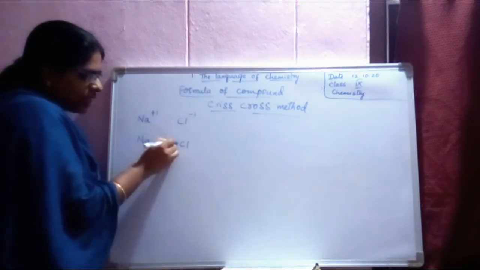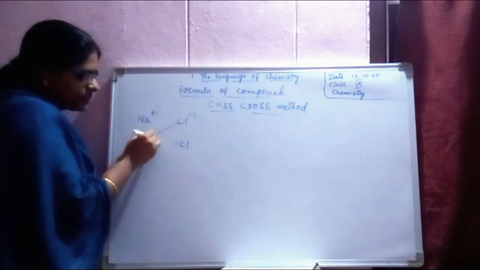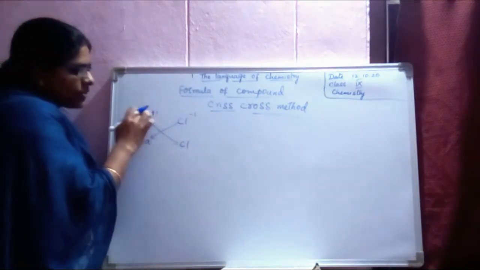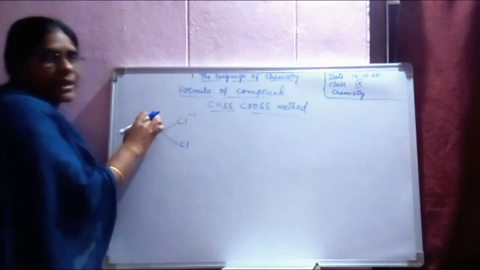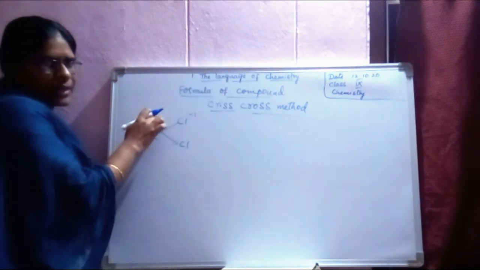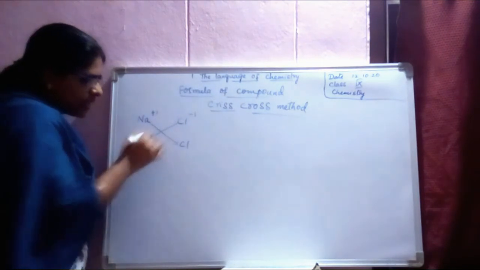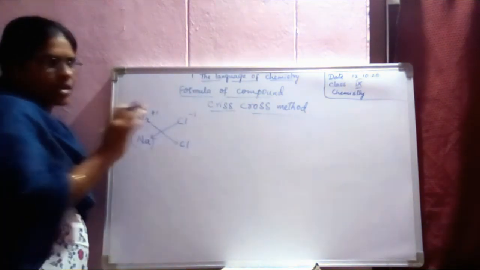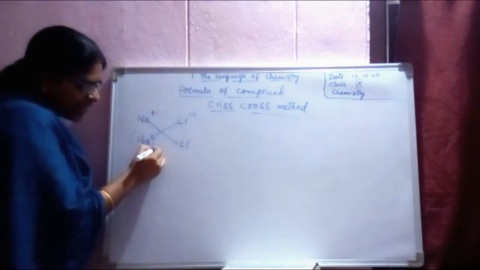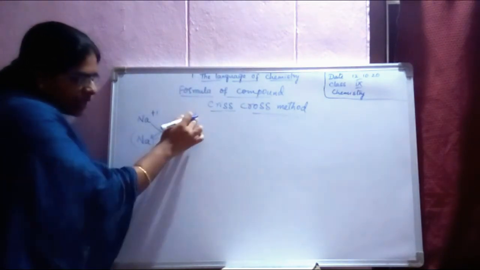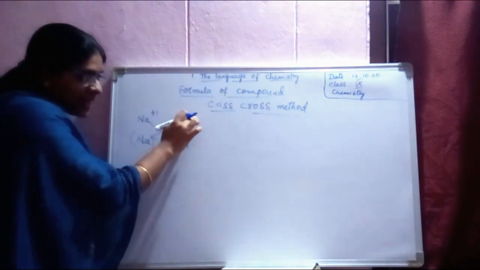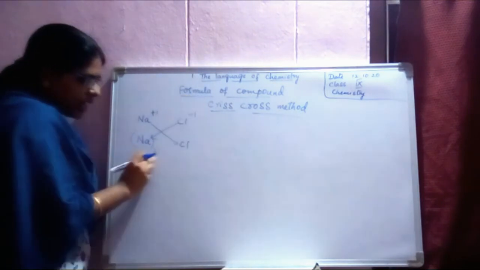Here put a cross mark like this. The charge, how much is the number we want? Plus or minus we won't write, only the number, written downwards. Here the charge of Na is 1. I have written the charge of Cl minus, 1, down.